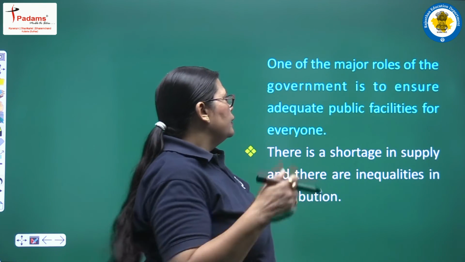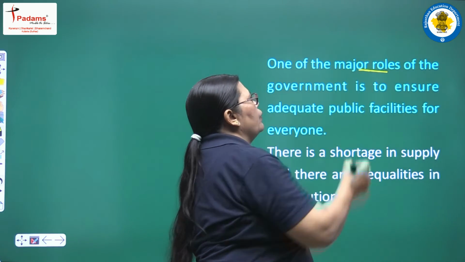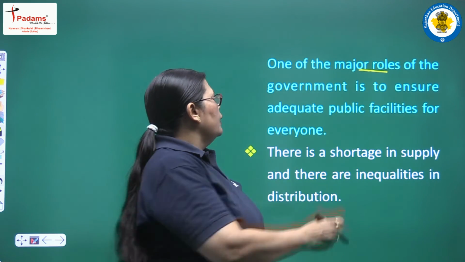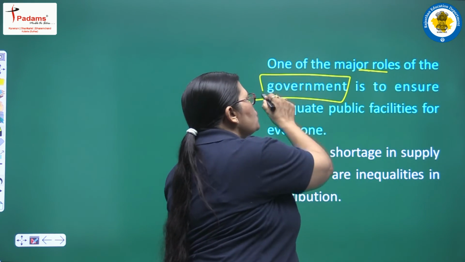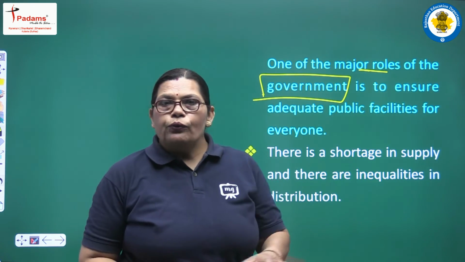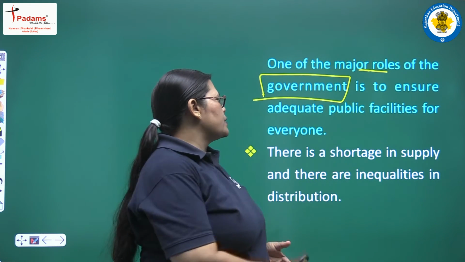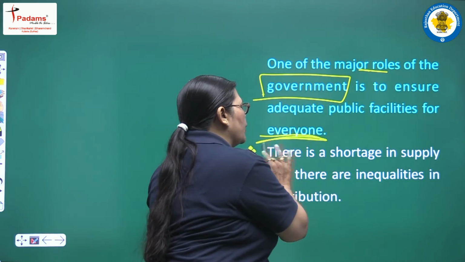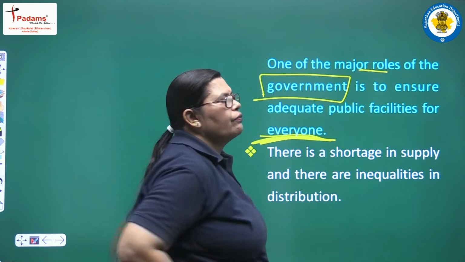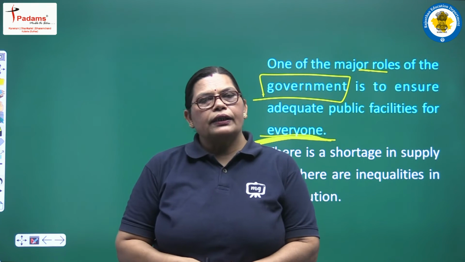So next we will consider one of the major roles of the government, students. The main role of the government is to ensure adequate public facilities for everyone. See the situation here, what is the government's willingness?